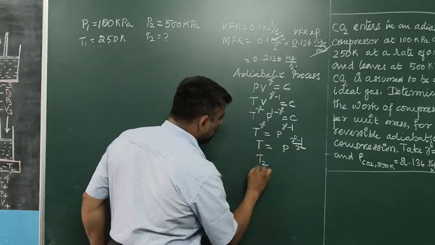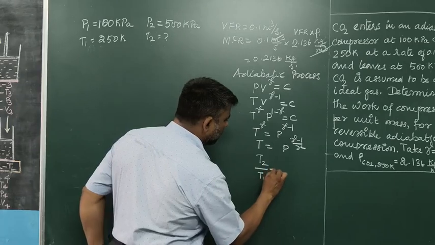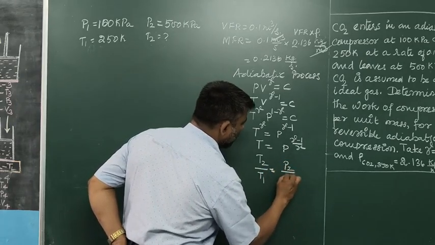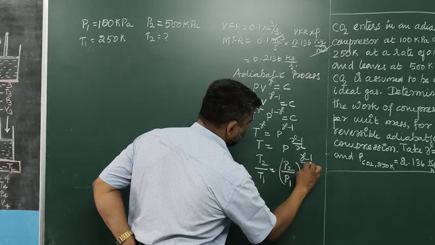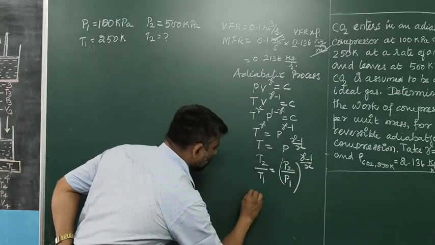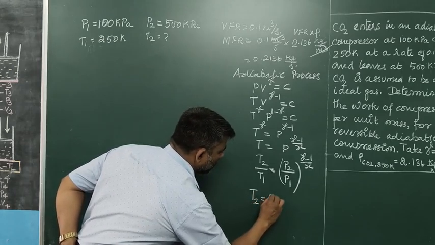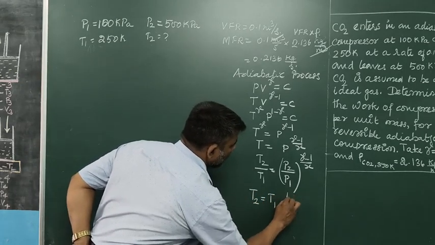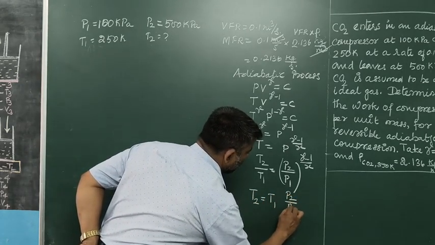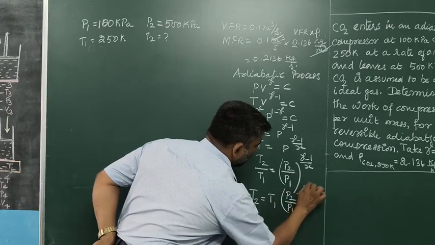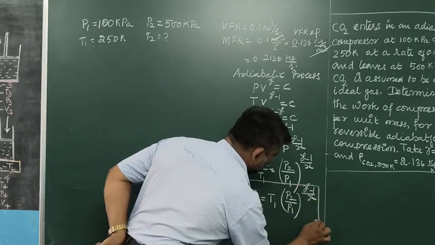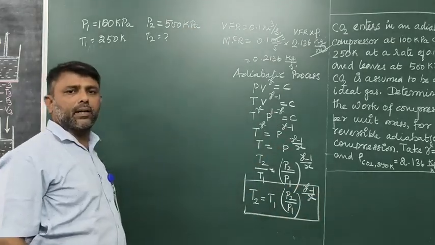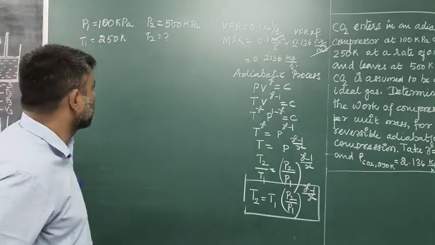So, T2 divided by T1 is equal to P2 divided by P1 power gamma minus 1 divided by gamma. So, final temperature T2 is equal to T1 into P2 divided by P1 power gamma minus 1 divided by gamma. This is established by using the temperature pressure relationship for an adiabatic process.